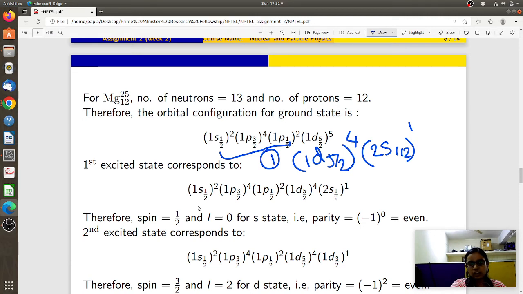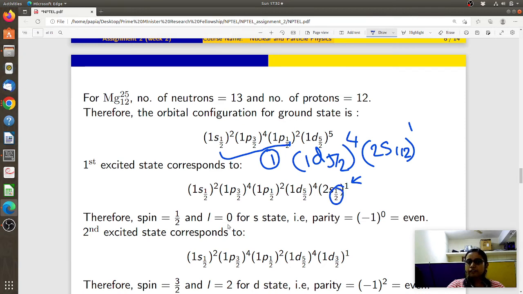Now coming to the spin and parity part. As I already found what will be the valence nucleon here, I can also calculate the spin as well as the parity of that configuration. So the first excited state has spin 1/2, because 2s 1/2 is there.